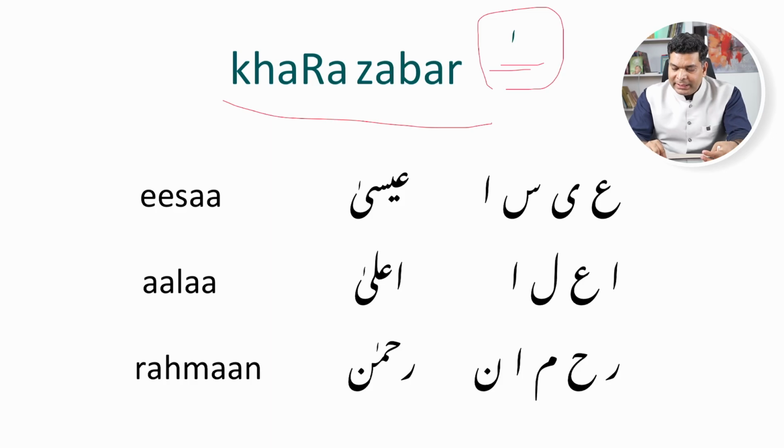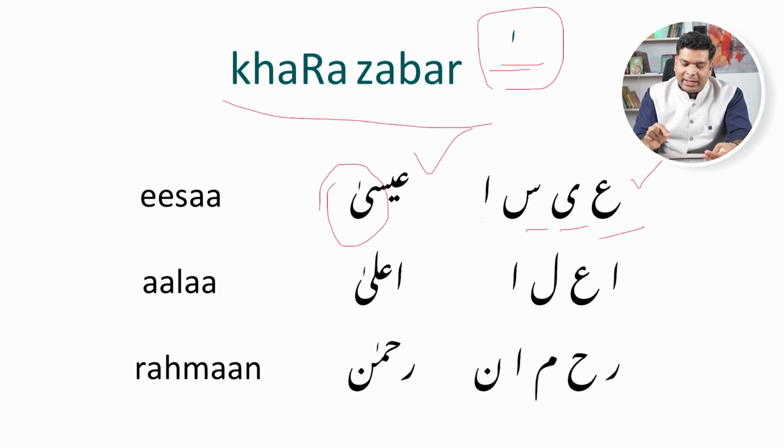So, for example, we have this word starting with ain, choti ye, seen, alif. It's basically the word Isa. But when we write it as ain, choti ye, seen, choti ye, and on top of choti ye we put an alif or khada zabar, it gives it the sound of Isa.